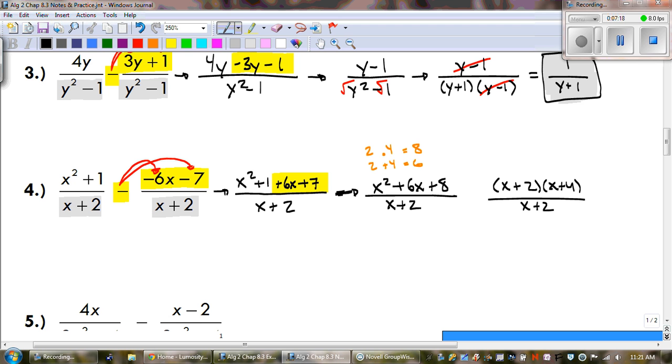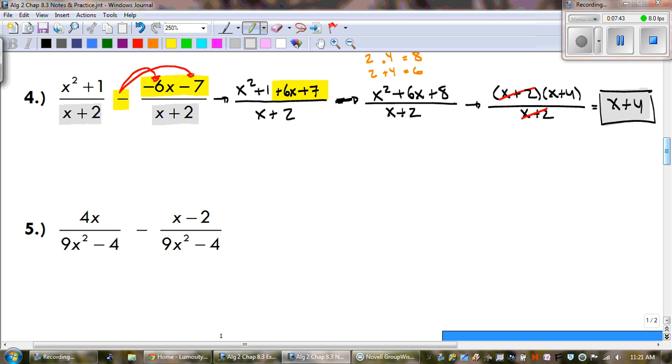So what cancels? The x plus 2 cancels, and our final answer is x plus 4. And just so Ms. Carranza or Mr. Grice know what the final answer is, you're putting it in a box or in a circle.